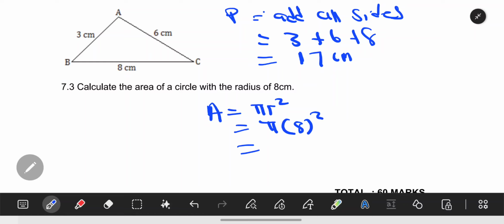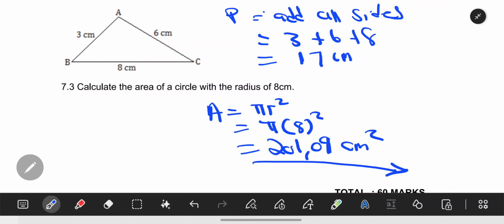Let's press our calculators. We are going to have 201.06 centimeters squared. So that's what we had for today, guys.